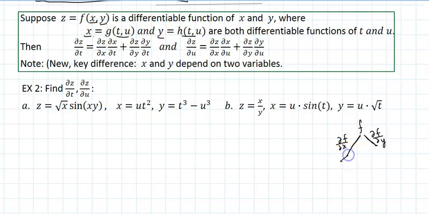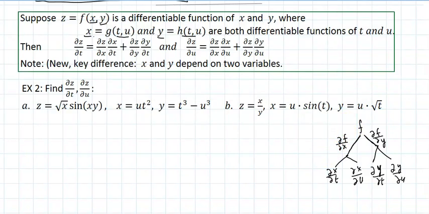I could take the partial of x with respect to t, or the partial of x with respect to u. Here I have two options as well. I could take the partial of y with respect to t, or the partial of y with respect to u. And you just follow along and figure out which path you want.